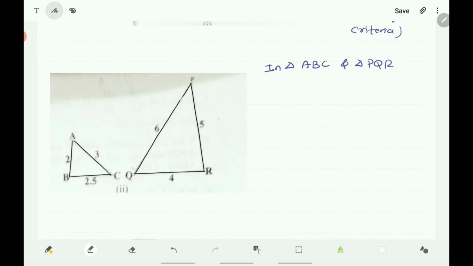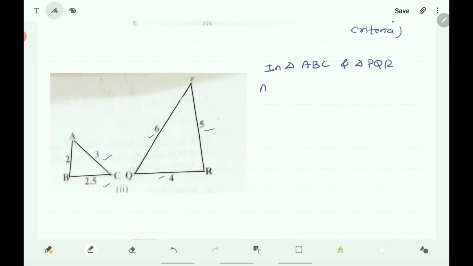Here you know that double of 2 is 4, double of 3 is 6, and double of 2.5 is 5. So there is a chance of getting equal ratios.